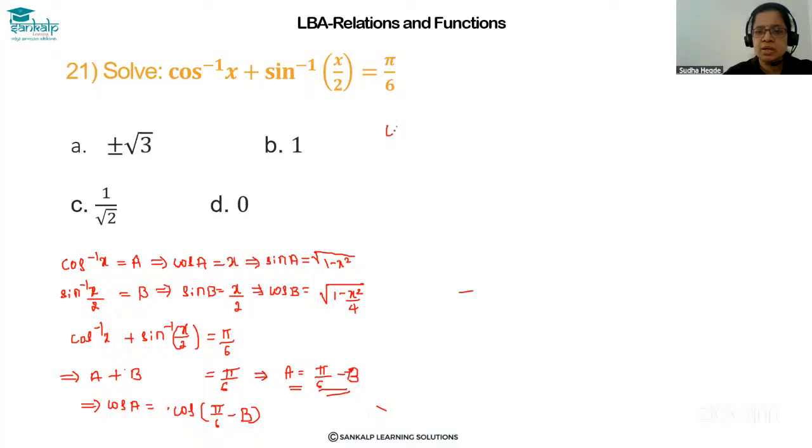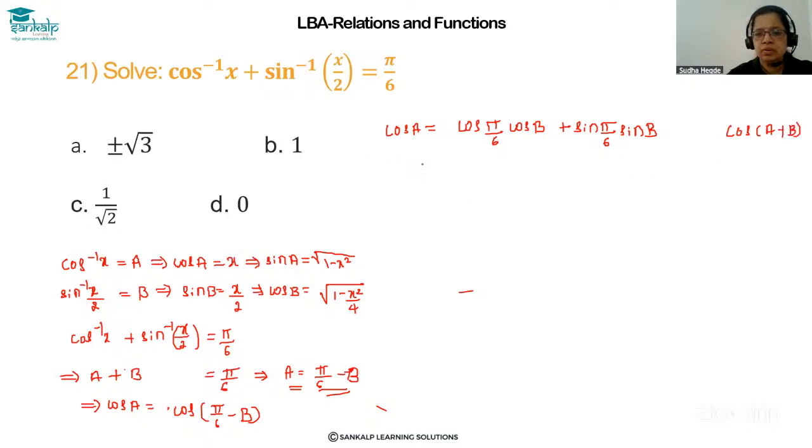Therefore, cos A is equal to cos 5π/6 cos B plus sin 5π/6 sin B. Correct? Using the cos(A − B) formula.